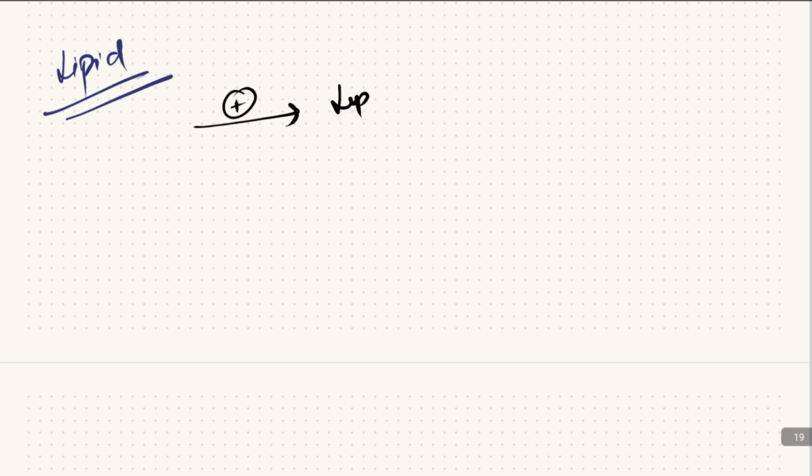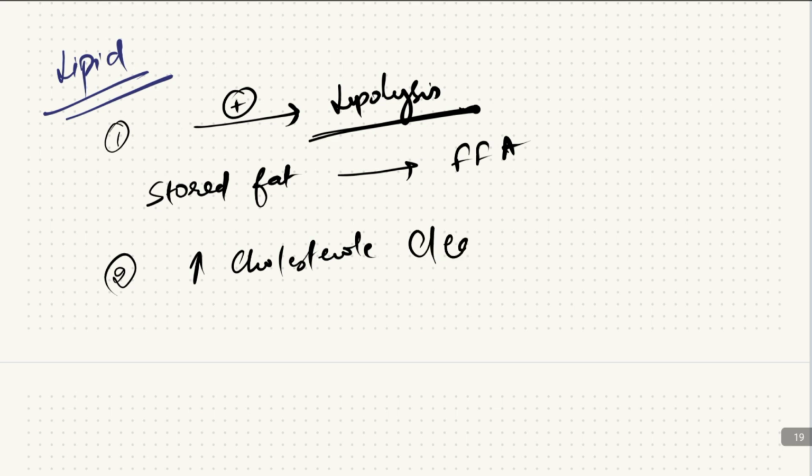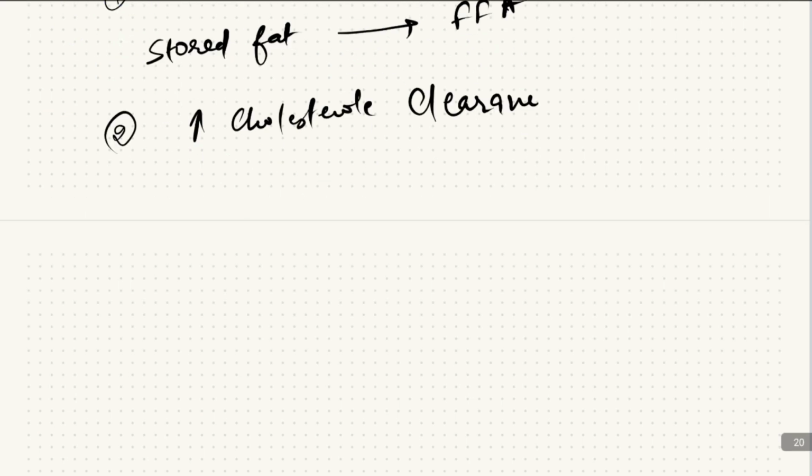And now the effect of thyroid hormone on lipids. The thyroid hormone stimulates the process of lipolysis. There is breakdown of stored fat into free fatty acids. The thyroid hormone also increases cholesterol clearance by upregulating the LDL receptor in the liver, which helps to remove LDL cholesterol from the blood.